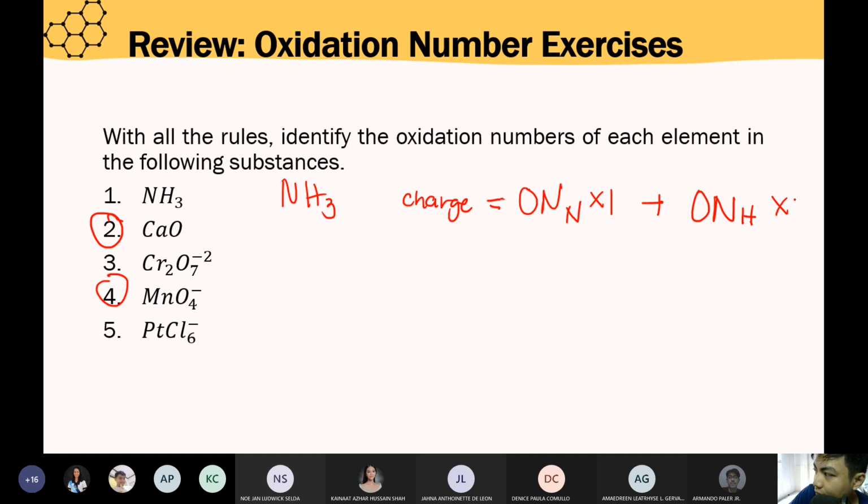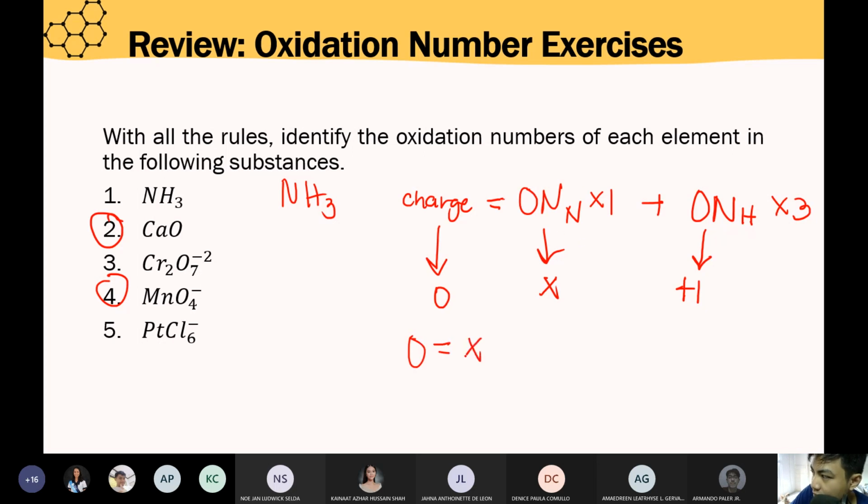Okay. Now, of the two oxidation numbers, sino yung may sinabi sa rules? Obviously, it's hydrogen. Hydrogen, if it is bonded with non-metal, positive 1. Nitrogen is non-metal. Okay? And meaning, X ito. And this charge will be 0. Okay? Kasi wala siyang exponent dun eh. So with that in mind, then sagot tayo. So this is 0.